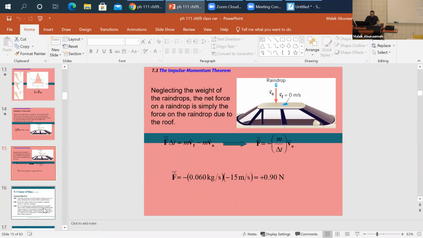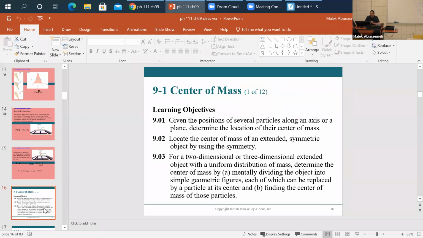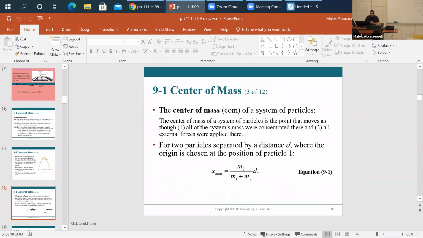Perfect. Now let's define something called the center of mass. The center of mass, and we usually refer to it as COM, of a system of particles, is the point that moves as though all of the system's mass were concentrated there, and all the external forces were applied there.